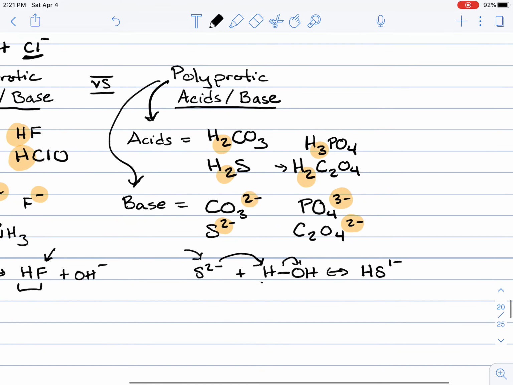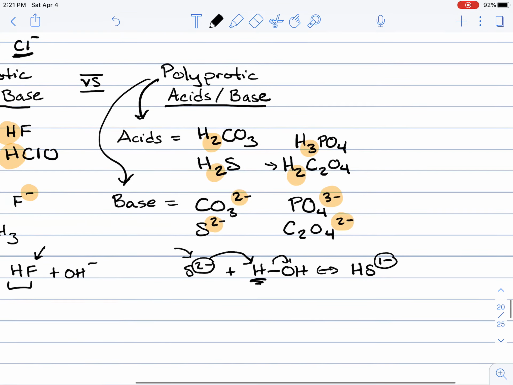Since only one hydrogen is being picked up, we change the charge from -2 to -1, and we also get a hydroxide. This -1 tells us it has another lone pair to donate.